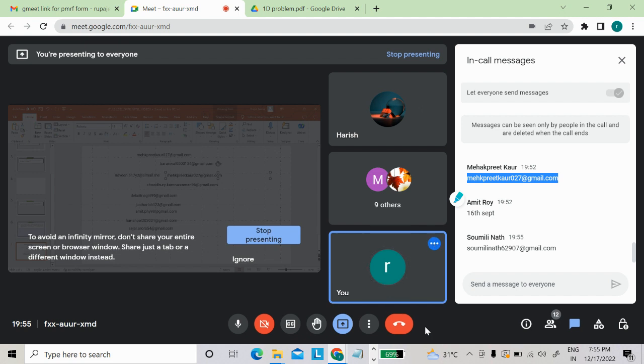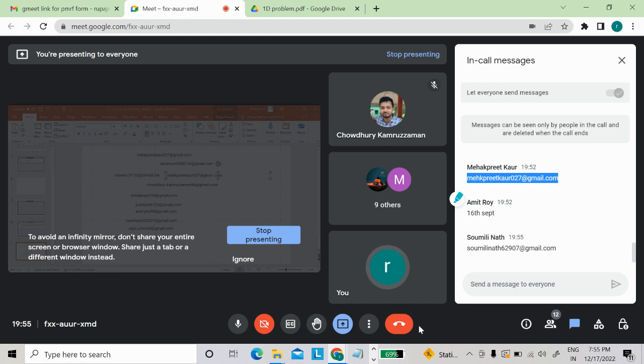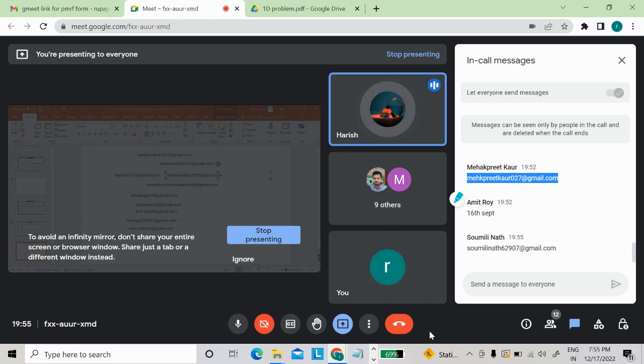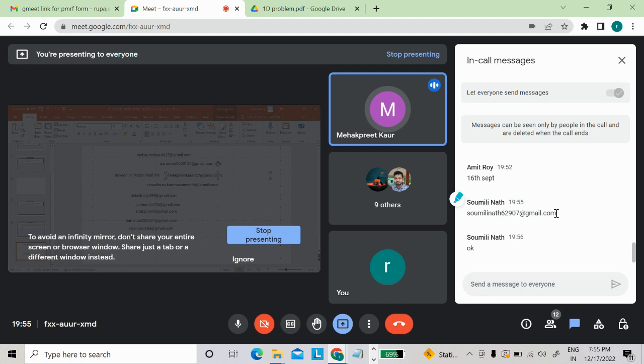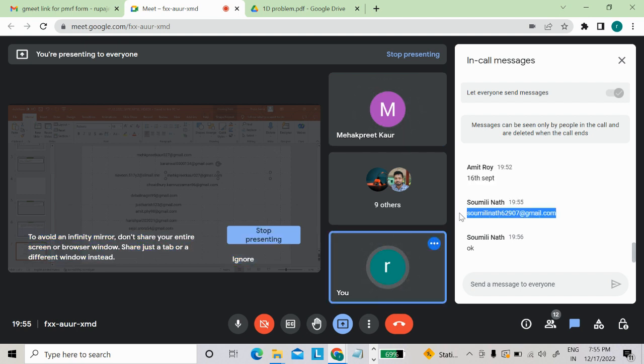Telegram. Okay, I have your mail ID. I have the mail IDs of all of you, so I'll send you. Okay, I have noted it down. Okay, I'll share recordings. Okay, thank you, everyone. Thank you.